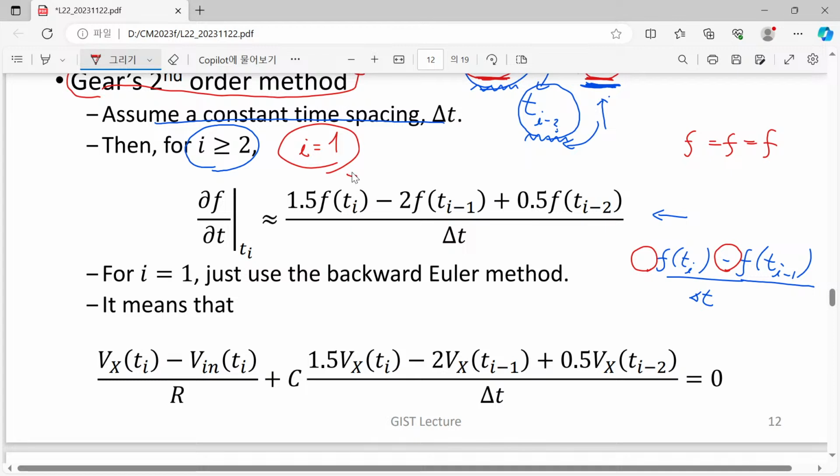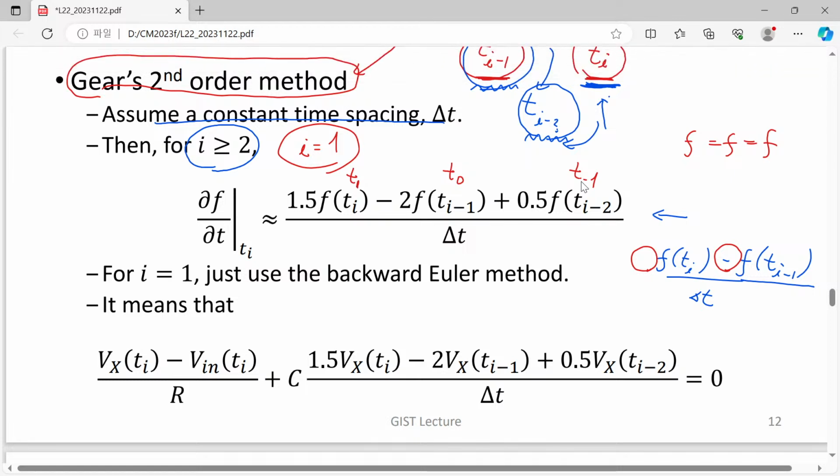Then it is t1 and t0, okay, we know it. However, t_(i-1)... sometimes it is difficult to say what the value of the second previous point is at the initial point of our calculation.